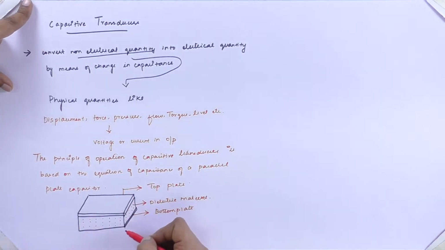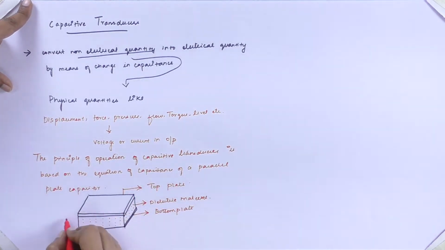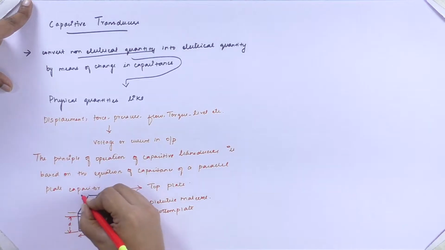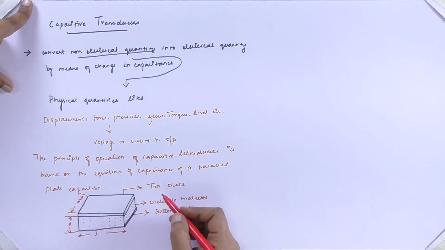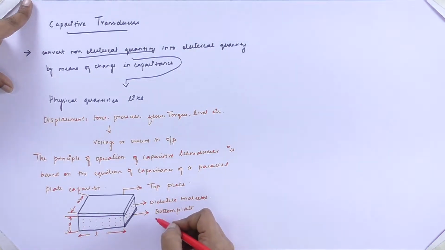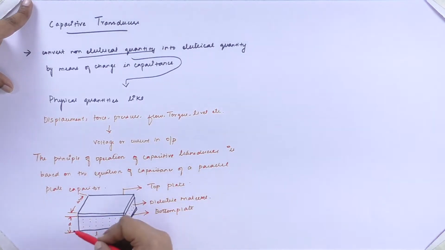The plates are placed at a distance d between them, the length of the plate is taken as L and the width of the plate is represented as W.